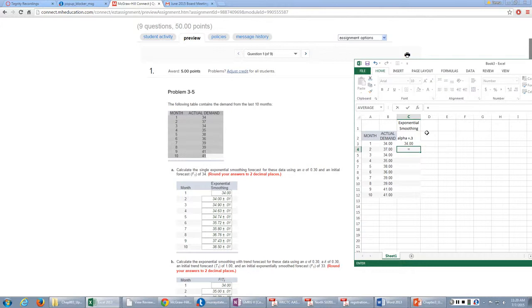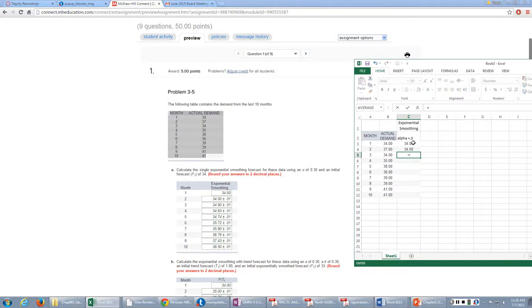My second forecast then uses the exponential smoothing formula that says that I'm going to take the previous time period's forecast and I'm going to add to that my alpha times the difference between the actual from the previous time period and the forecast from the previous time period, right? And that tells me then that my forecast for time period 2 is 34.00.